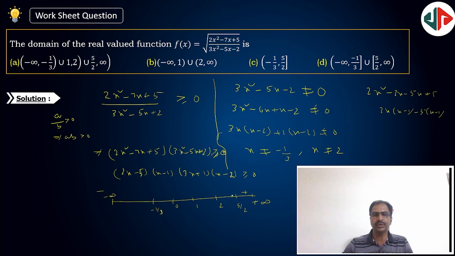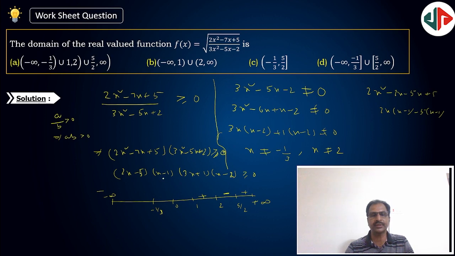Next, between 2 and 2.5, if you take any number between 2 and 2.5, this will be negative. Take any number between 1 and 2, let us say 1.6, negative, positive, positive, negative. So this is again positive. Take any number between 0 and 1 and substitute here. Let us say 1 by 2.